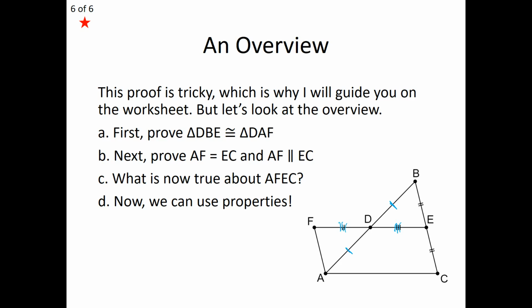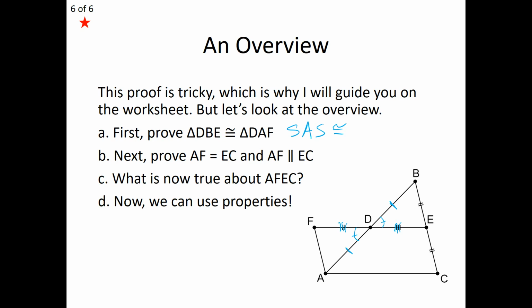Because E, D, F are collinear and A, D, B are collinear, we actually have a pair of vertical angles. So that means we can immediately prove that those two triangles are congruent by side-angle-side congruence. So one of the reasons you'll definitely use in your proof is side-angle-side, along with the vertical angles theorem. Good old theorem, saving us here in this very last grand finale we've got.